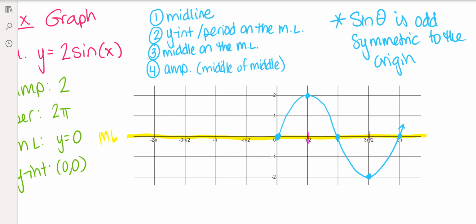Please watch first before you do the graph. Just watch how I'm going to do this. So everything is going to flip around because it's negative and, well, sine is odd. So at pi over 2, we went up 2. So at negative pi over 2, we're going to go down 2. Now the 2 points on the midline, they're going to stay.